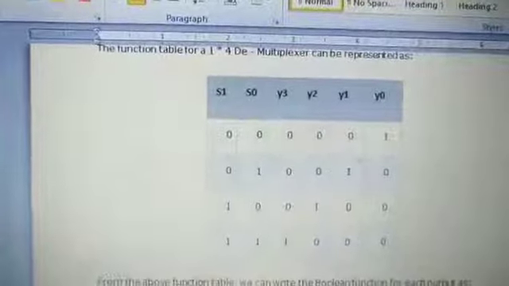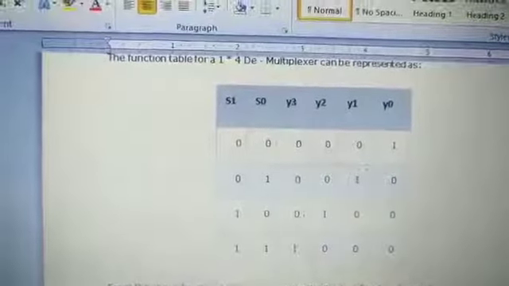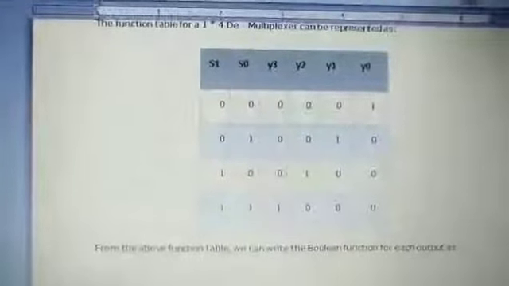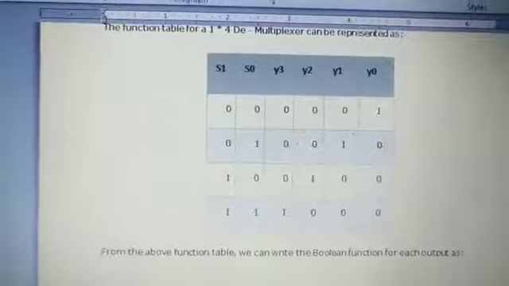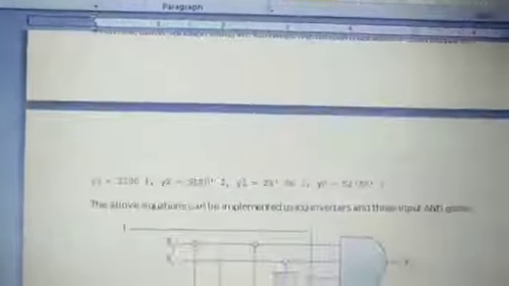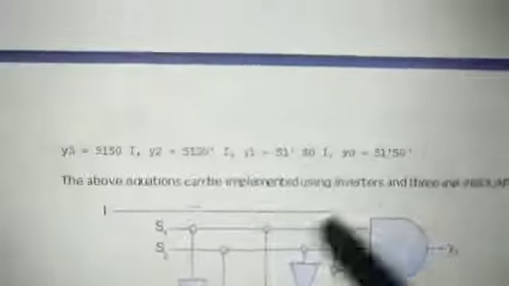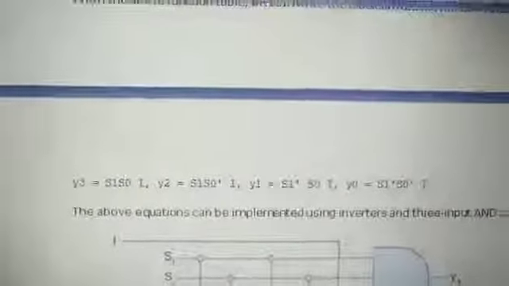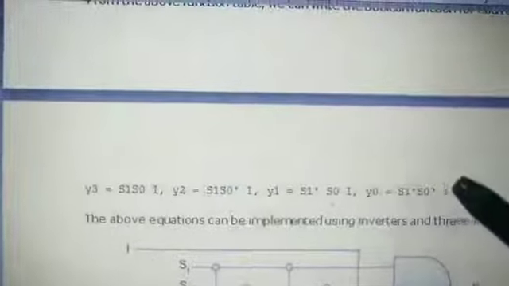So from this truth table we came to the Boolean expression for the outputs. What is the expression for the particular output? This is actually the expression for the outputs. For Y0 we are getting I, S0 bar, S1 bar.